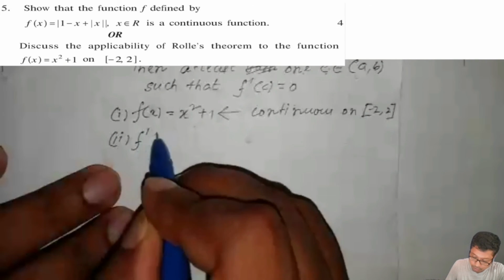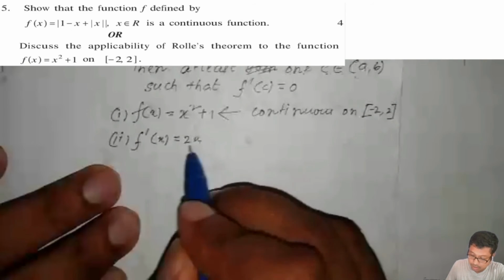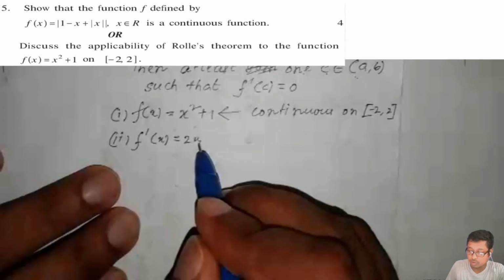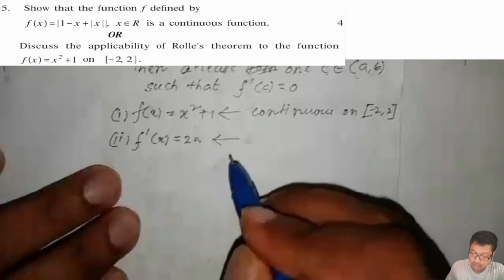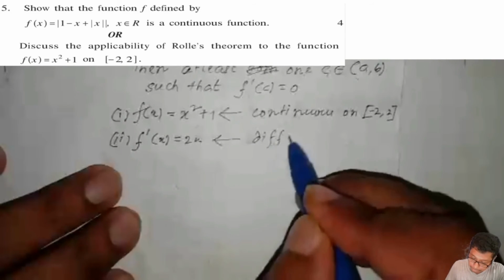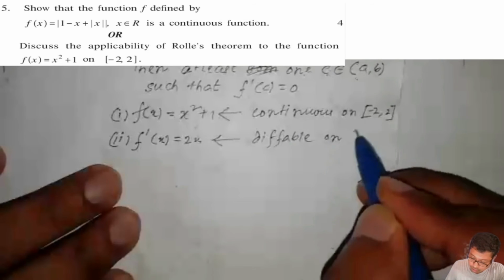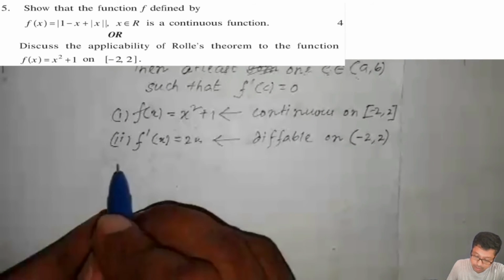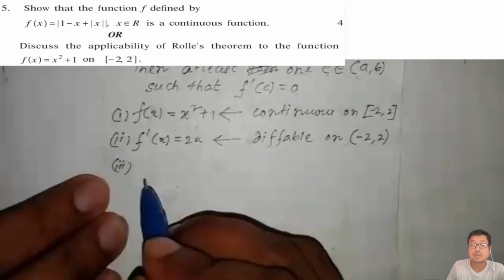If I find f dash of x, it is 2x, and this is also defined in the open interval (-2, 2), so it is differentiable. That means we can say it is differentiable on the open interval (-2, 2).